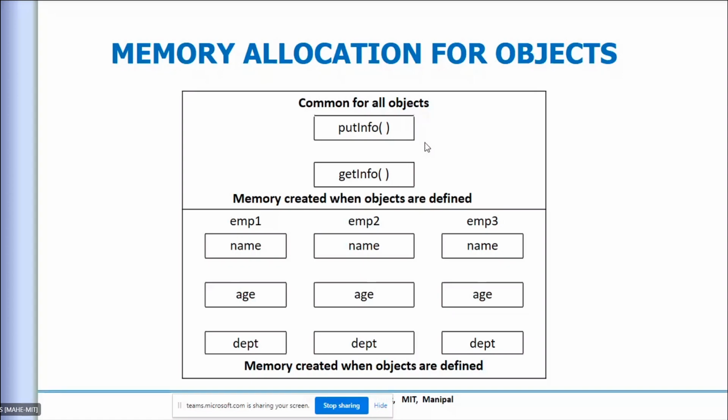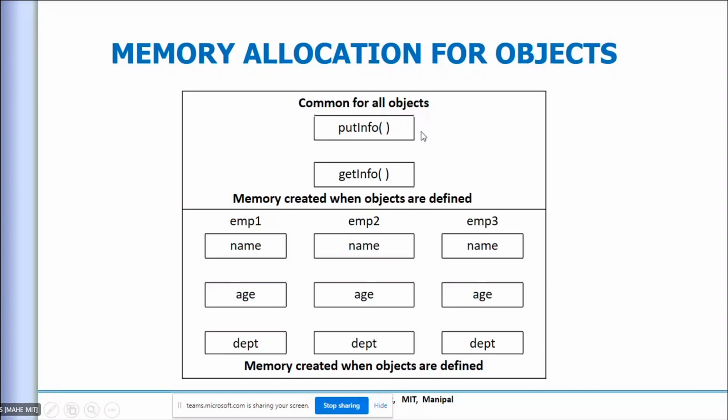As we told in the previous example, this concept is very important for us. Whenever I create an object, with its data types, that much representation of memory is allocated separately for it, but there is only one copy of the function. So this concept should be very clear to you.